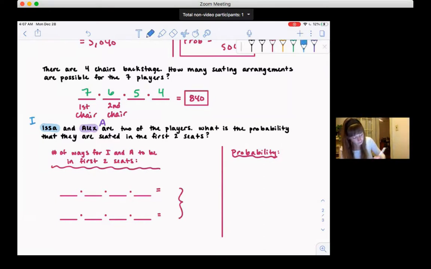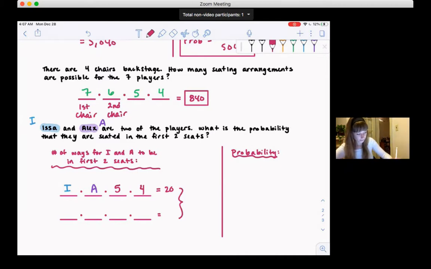Maybe Isa is in the first seat and Alex is in the second seat. How many choices do we have for the third seat? Well, there's 7 total. Isa and Alex are out because they're already sitting down. So there's 5 people left. So there's 5 choices and then 4. So that's 20, where it goes Isa, Alex.